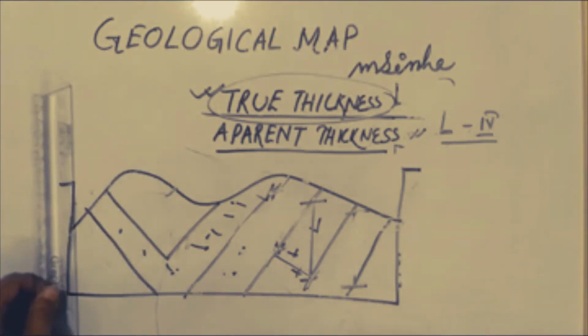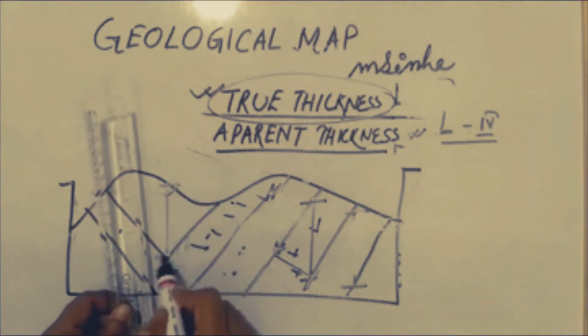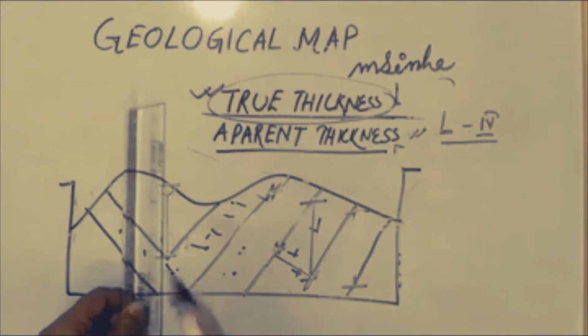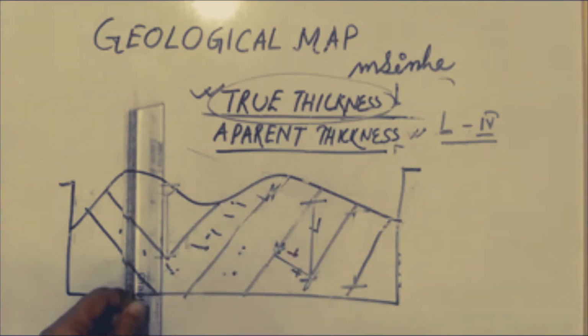Suppose you start from here and move vertically and identify this vertical distance, and you can convert this linear distance to the map scale, and you can say that this is approximately 6,000 feet, with the true thickness being 3,000 feet or 4,000 feet, and so on.